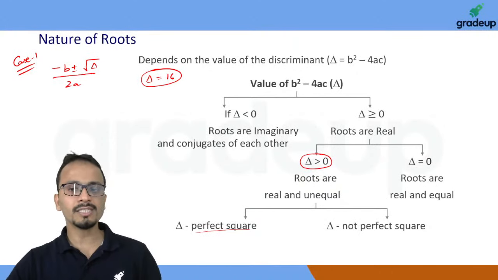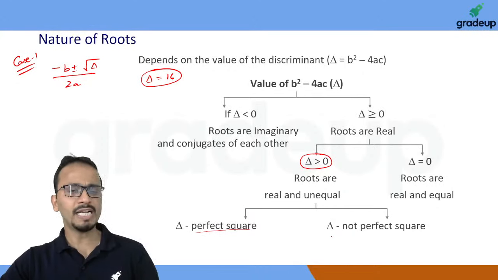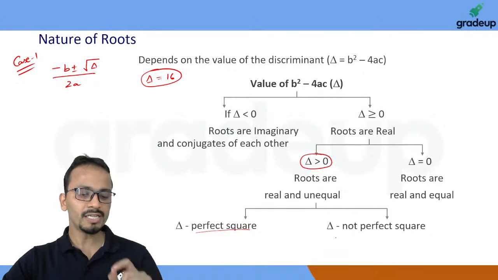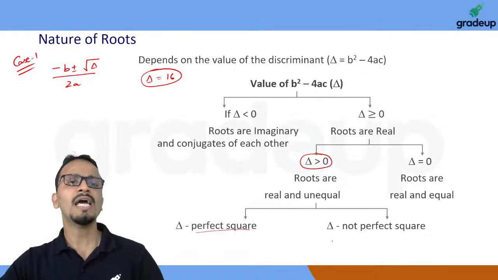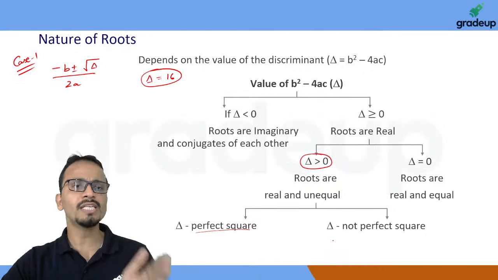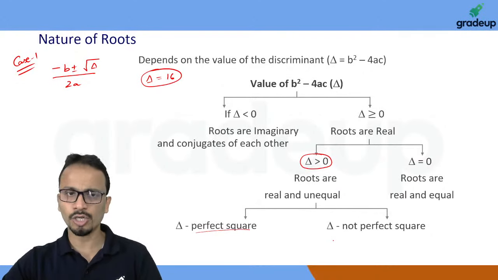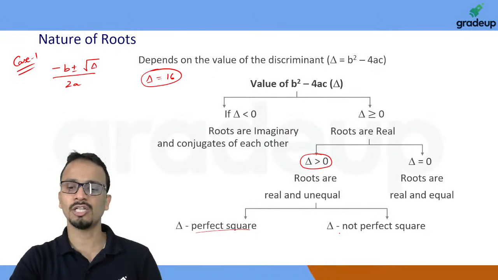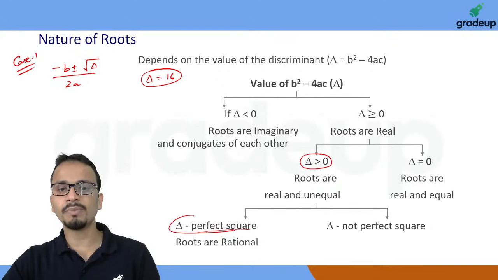The second case is if delta is not a perfect square. Then I will not be able to eliminate the square root sign, and hence the value of x will have the number which is there in the under root, and it will be an irrational number. So if delta is a perfect square, the roots are rational.